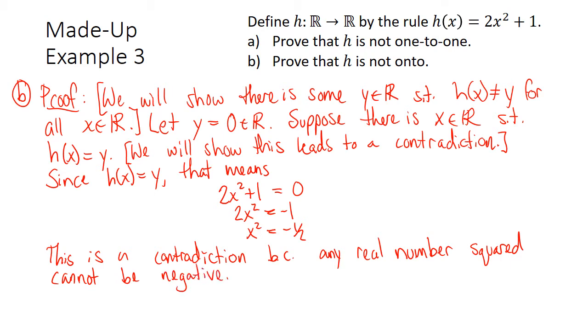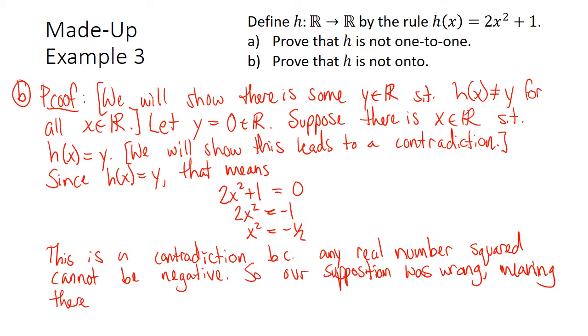Okay, so since we got a contradiction, our supposition was wrong. Meaning there is no x in the reals such that h of x equals y.